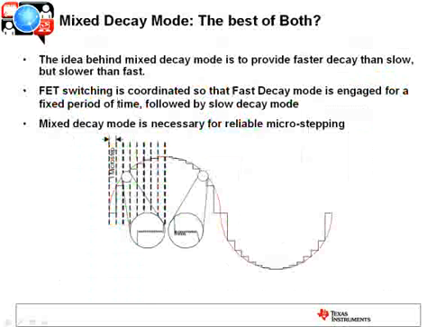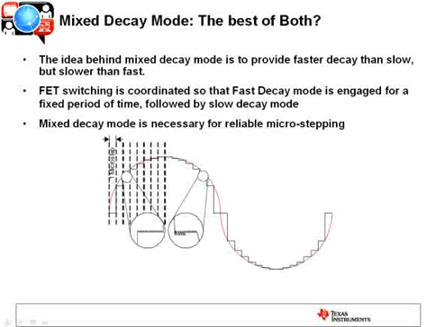Okay, on this slide, the red sine wave represents the current that is being supplied to a stepper motor when it's microstepping. Sine wave commutation is one of the best ways to drive a stepper in microstepping in terms of smoothness and quietness of the motor.